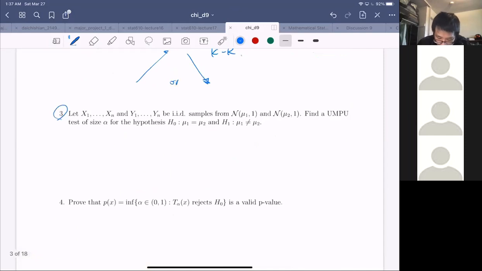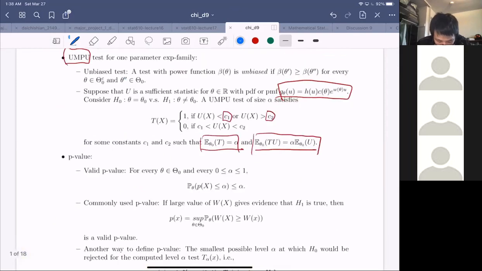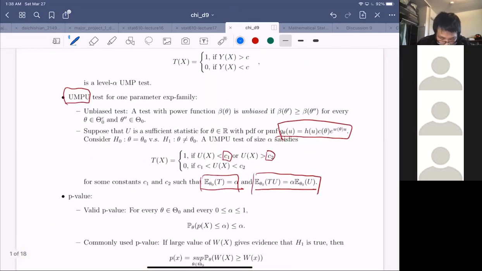Question 3 wants to find U and P_U. The first step you have to do is find a sufficient statistic U and make sure it has a density.